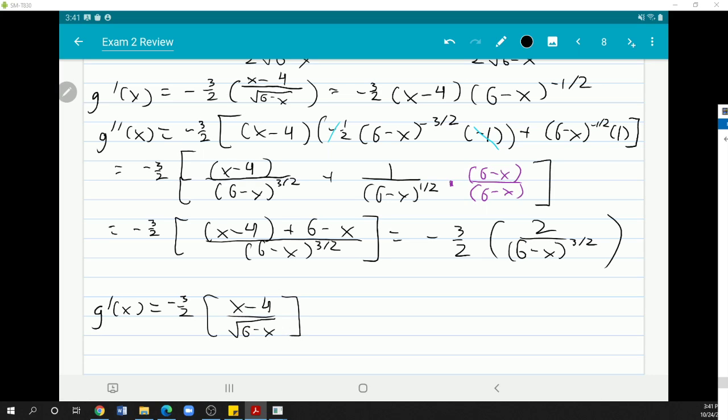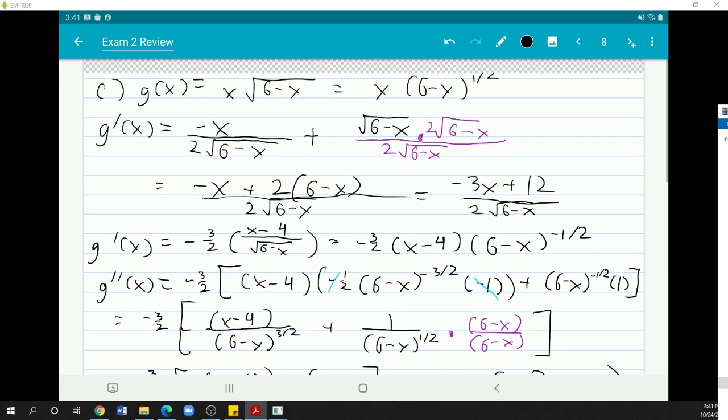So we have a critical point at 6, because that's where the denominator is 0. And when x is equal to 4, because then the numerator, so the function, is equal to 0. And those are the two places where we have an issue.